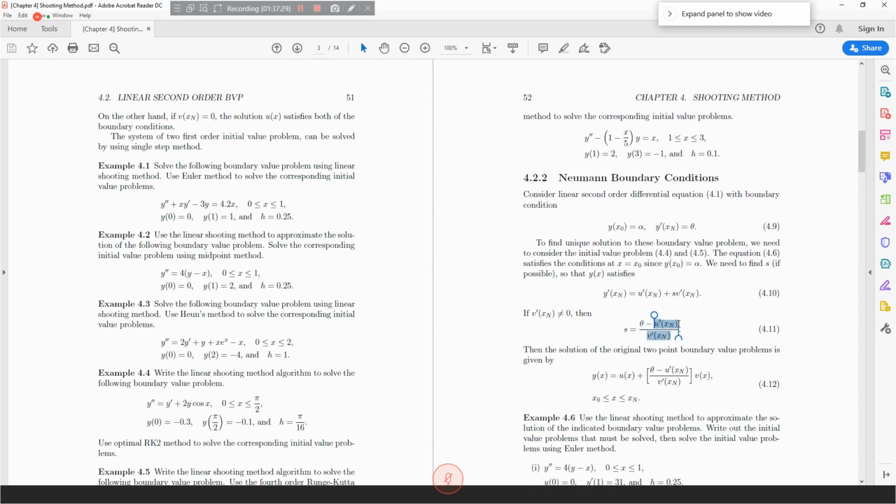How can we get this u prime(xn)? From IVP1. And v prime(xn) from IVP2. What is actually our u prime(xn)? For example, u prime(x4): referring to our previous example, u prime(x4) is actually z(x4), or z4.